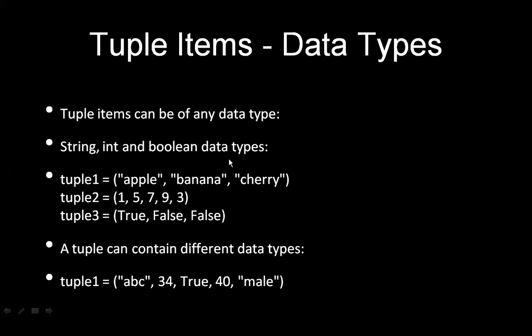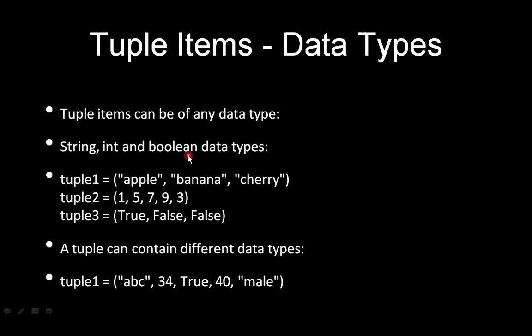In tuple one, I have specified all the elements belonging to the string data type. In tuple 2, all the elements belong to the integer data type. In tuple 3, all the elements belong to the boolean type. Boolean indicates either true or false.